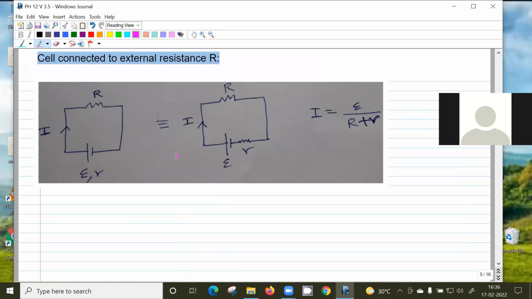I can represent this as a circuit with E in series with the internal resistance. The current flowing will be the total voltage E divided by the total resistance, R plus r. So the current differs from E by R by an amount due to this small r.